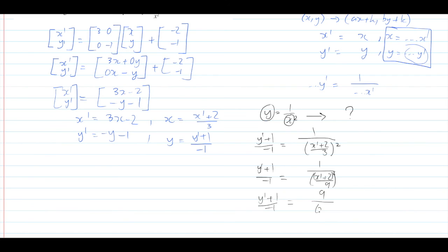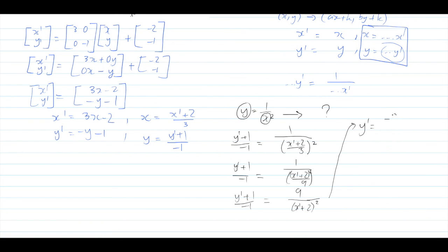So you get 9 over x prime plus 2 squared. And if I'm just going to move it over to the other side, you multiply this by negative 1 and then minus a 1, and your final answer should be y prime equals negative 9 over x prime plus 2 squared, and then you move the 1 over to the other side and you get minus 1.